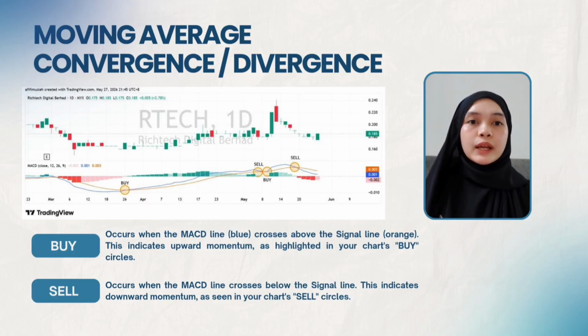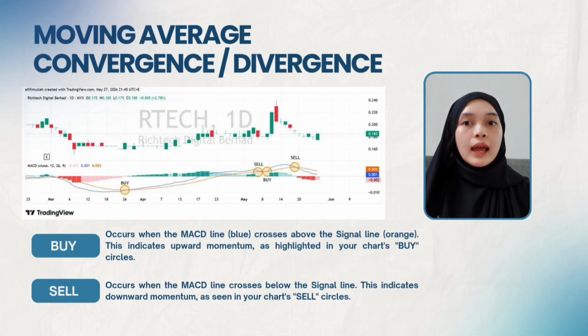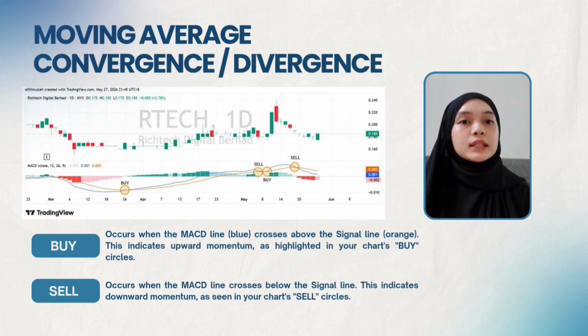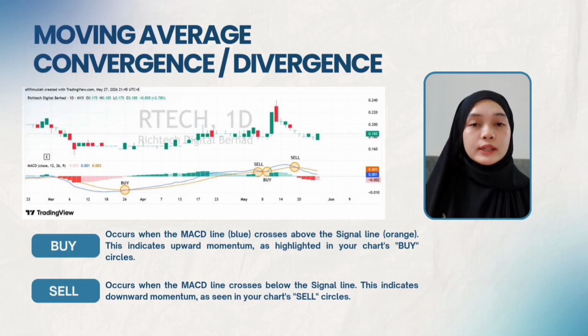Think of them like two runners on a track. As they run, they constantly cross over one another. And every single time they cross, they are telling us a crucial story about who is currently winning the tug of war in the market, the buyers or the sellers.